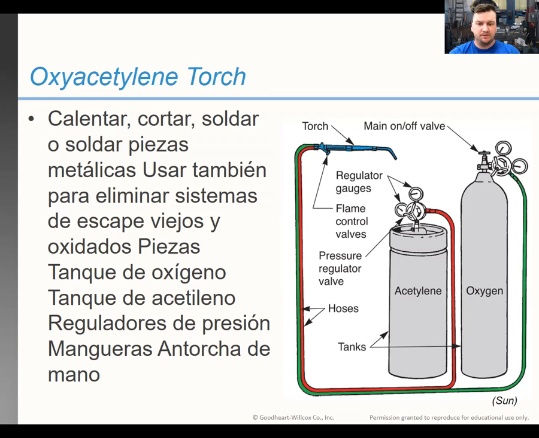Acetylene will be the red hose, and is the shorter, fatter tank on the side there. You have your pressure regulator because you want to control the pressures. You have your hoses and your handheld torch.